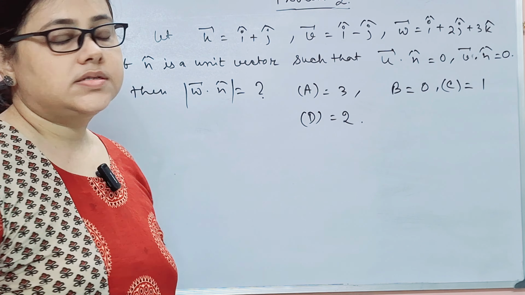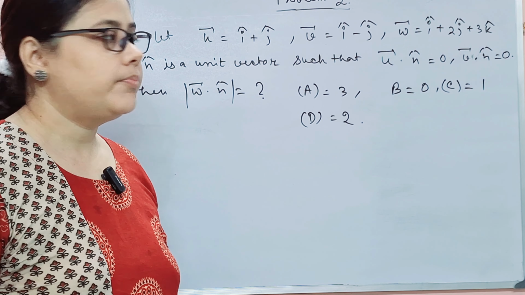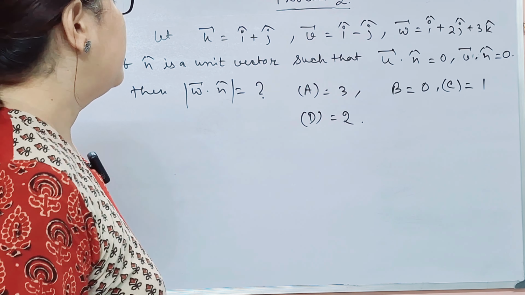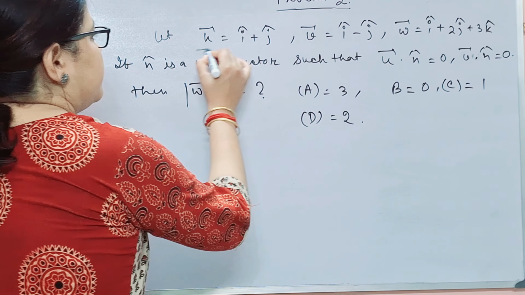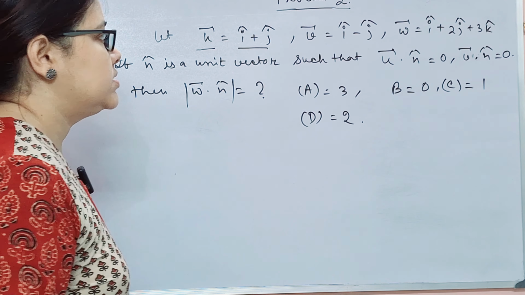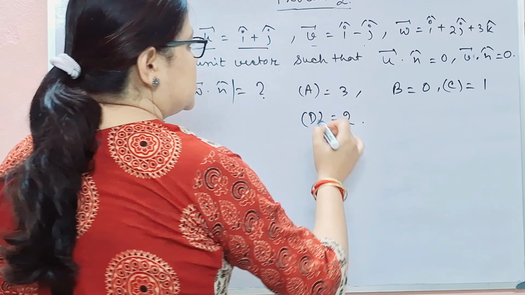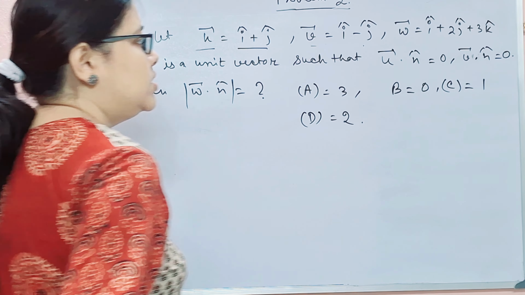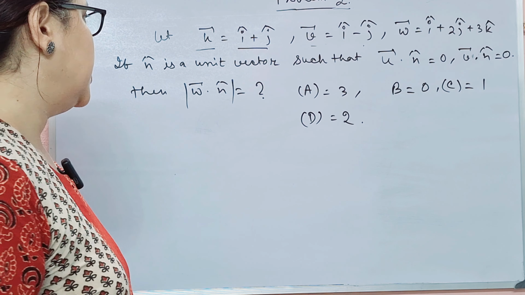Next let's start the second problem. The problem is like this: u is a vector i plus j, v is a vector i minus j, and w is i plus 2j plus 3k.